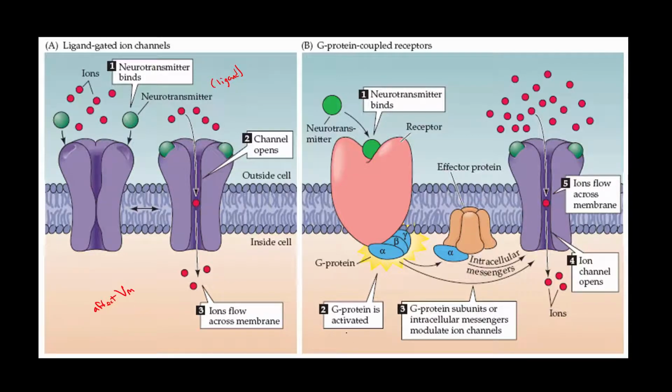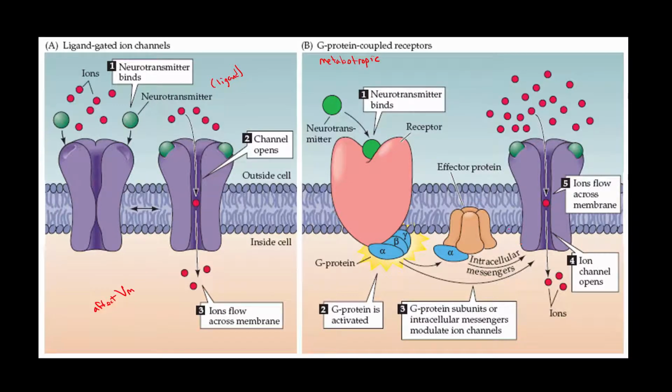Metabotropic receptors, on the other hand, alter the cell's biochemistry when they're activated. Okay, so my neurotransmitter binds. It changes the shape, and it's going to activate some enzymes, some proteins. This will affect the function of other proteins, which will then affect other proteins.